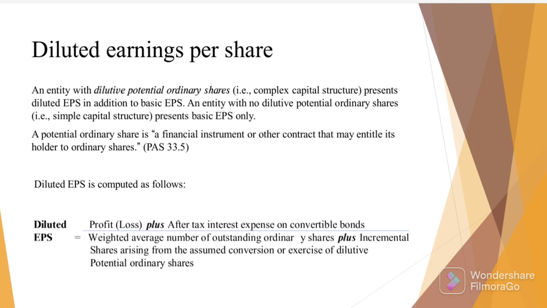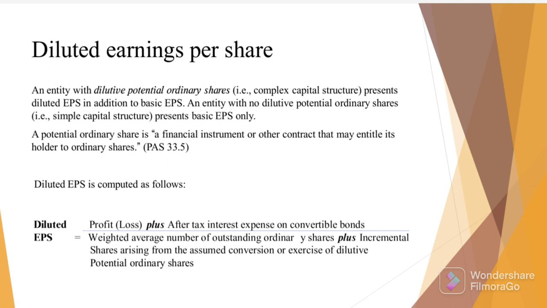Ang anti-dilutive potential ordinary shares naman is ini-ignore. Paano naman masasabi kung yung potential ordinary shares are anti-dilutive? Kabaliktaran ng dilutive. Nag-i-increase yung basic earnings per share or nagdi-decrease yung basic loss per share. Ngayon, alam na natin kung paano malalaman if yung potential ordinary shares are dilutive or anti-dilutive. Paano naman nalalaman specifically yung example ng potential ordinary share kung dilutive or anti-dilutive?